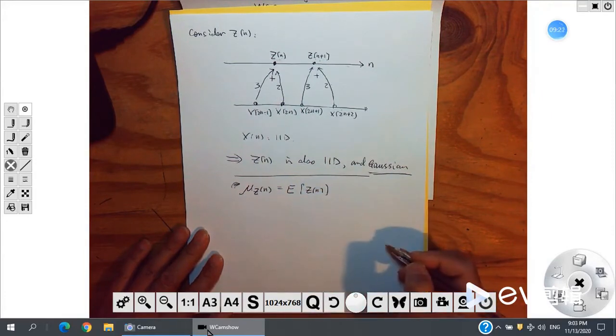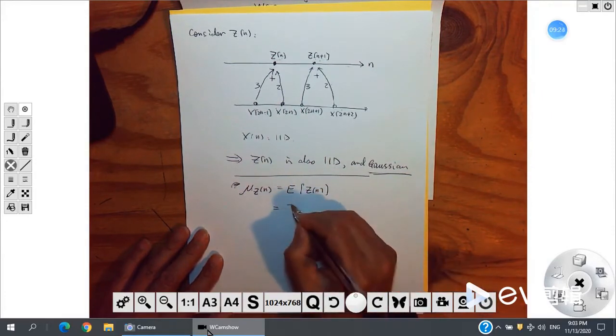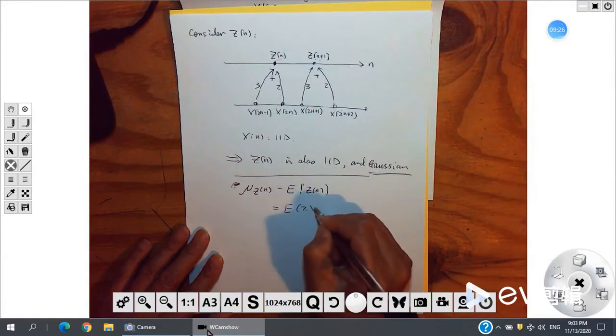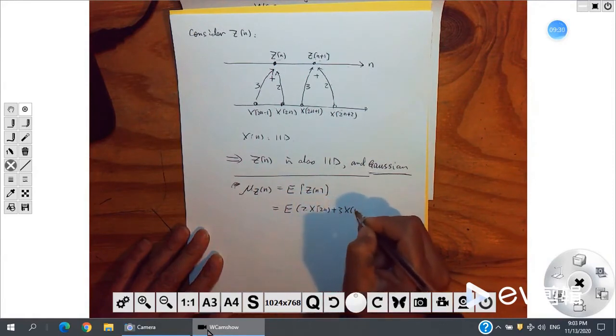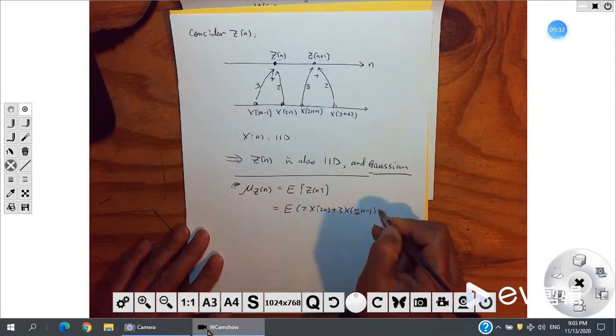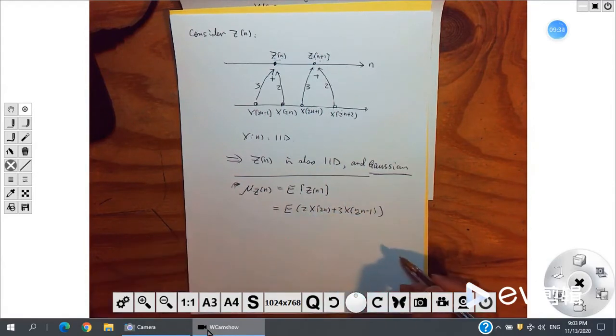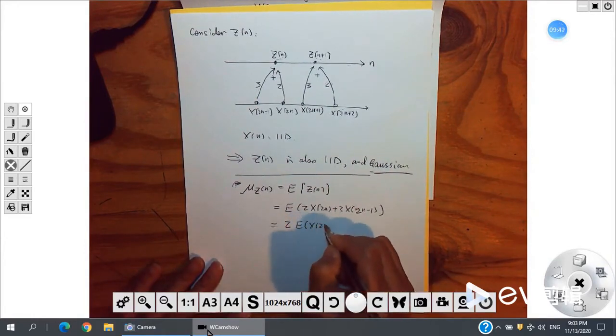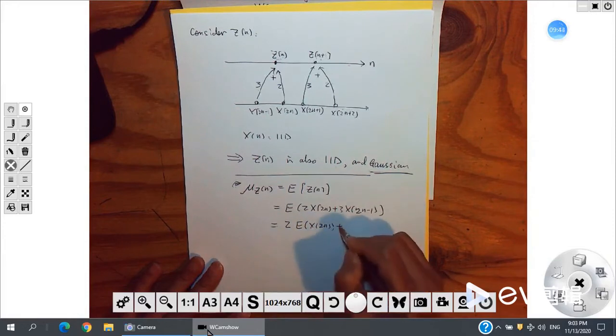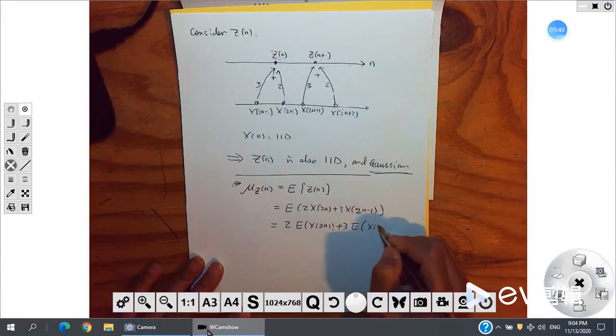What is it? Alright, just plug in. This is 2 of x of 2n plus 3 of x of 2n minus 1. Okay, this is the definition of z. Z is defined this way. Then it is 2 of E of x of 2n plus 3 E of x of 2n minus 1.